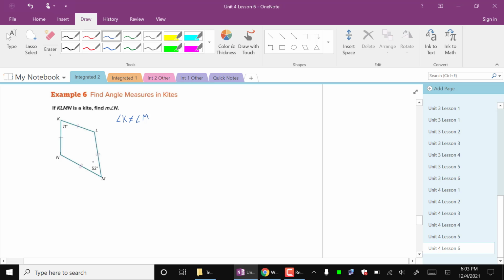What Theorem 2.6 tells us is that these two angles are going to be equal to each other because we know that this is a kite, and it says if a quadrilateral is a kite, then exactly one pair of opposite angles is congruent. So angle N is going to be congruent to angle L.